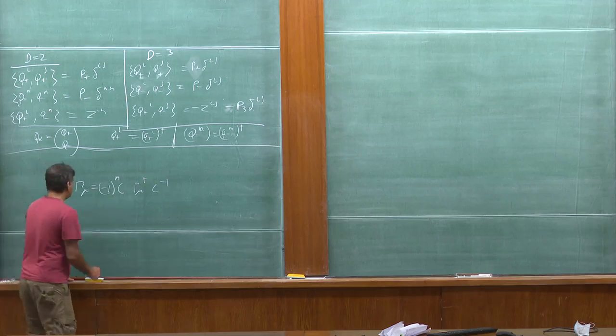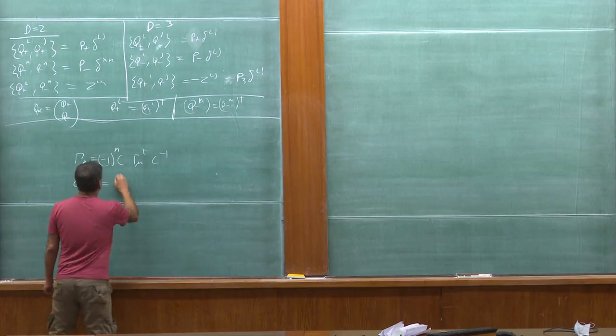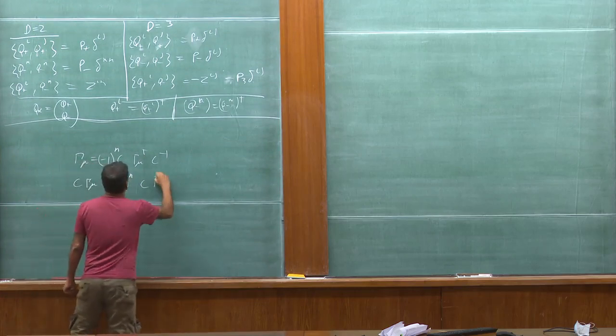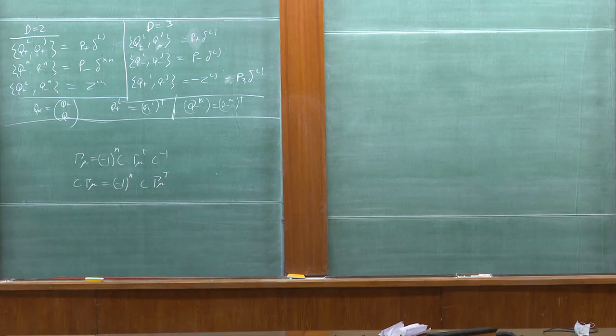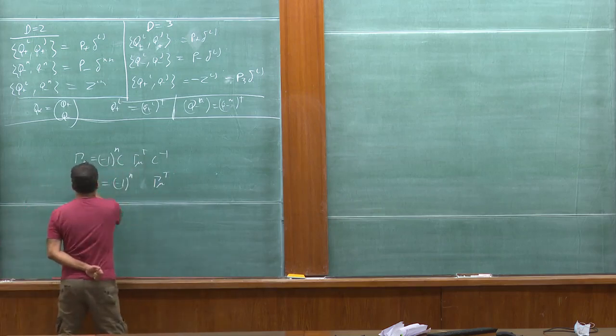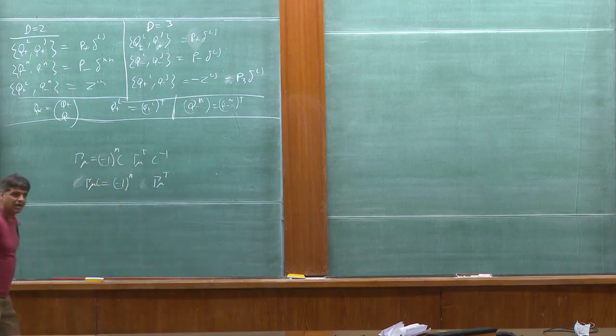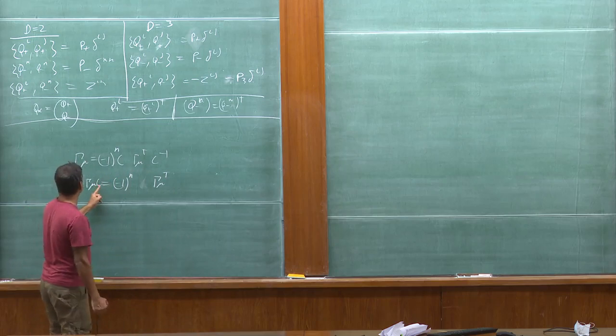So we will write this relation as C times gamma mu is equal to minus 1 to the power n times gamma mu transpose times C. Gamma mu C. Thank you. Now, what this tells us is that you can take C through a gamma.